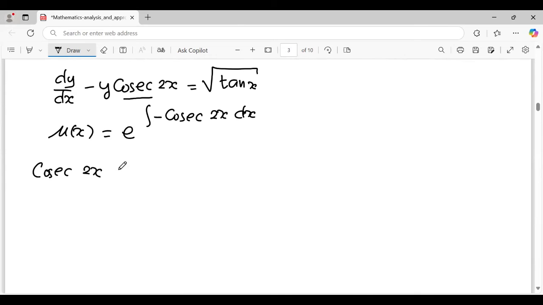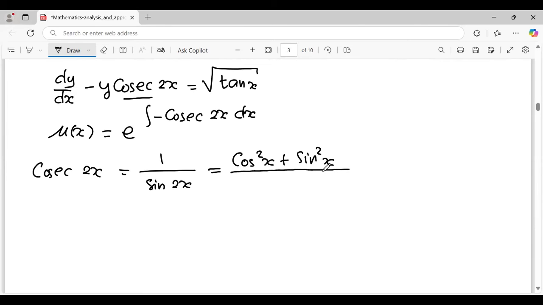Cosecant 2x is 1 over sine 2x. 1 is cosine squared x plus sine squared x, while sine 2x is 2 sine x cosine x.